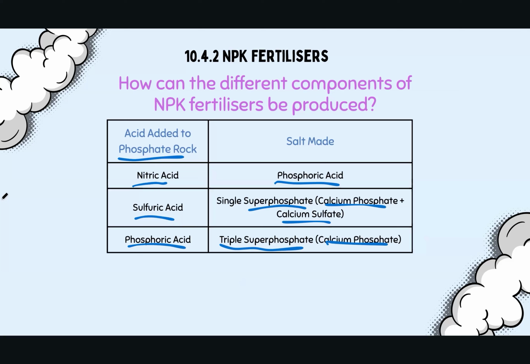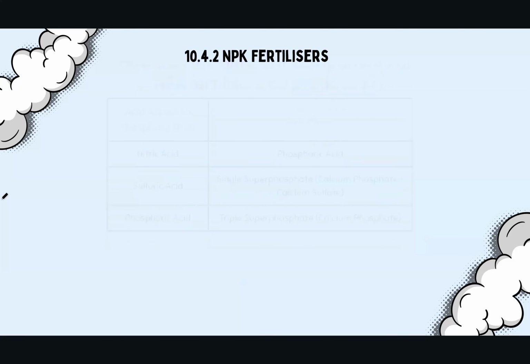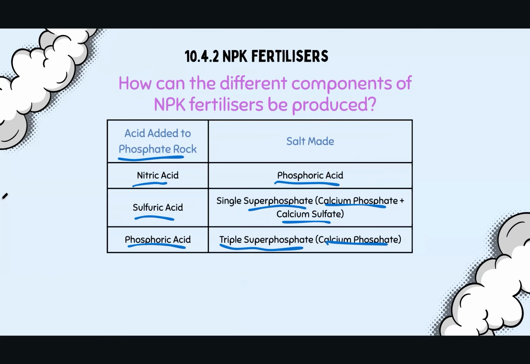You don't need to know the reaction per se. You just need to know how you can make the phosphate available within the NPK fertilizer. Some of the questions asked on this topic are evaluative type questions, so it is important to have that practice, and the more practice papers you do, the better.